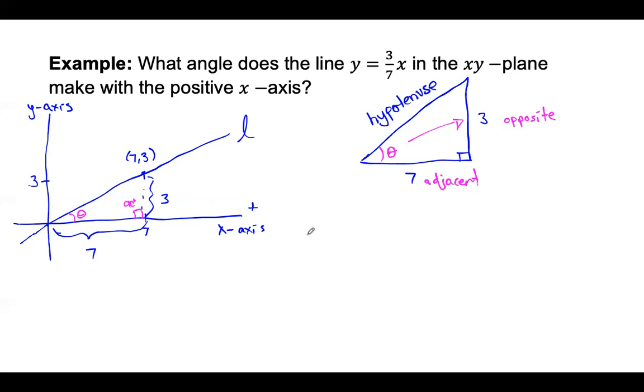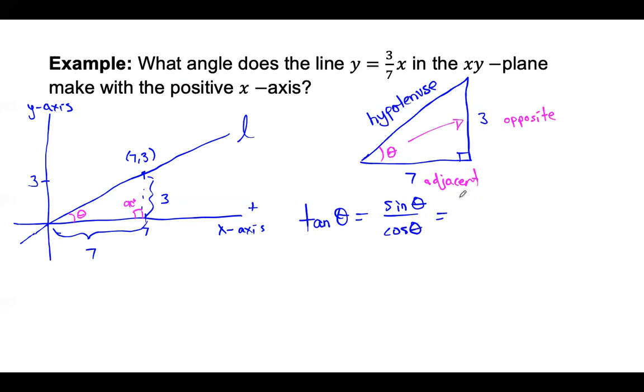Which trig function would we use? Right, perfect, tan. So tan of theta is equal to, and there are different ways to do this, sine over cos.